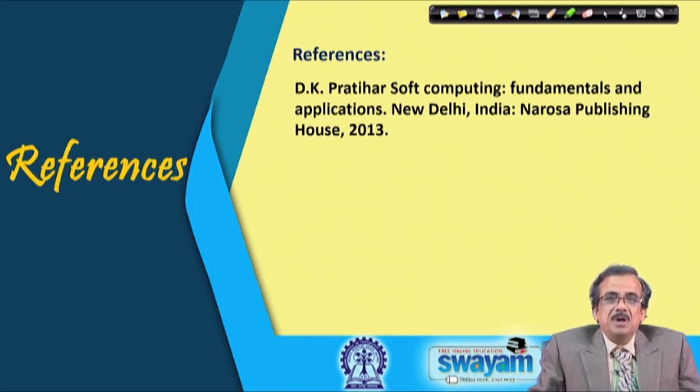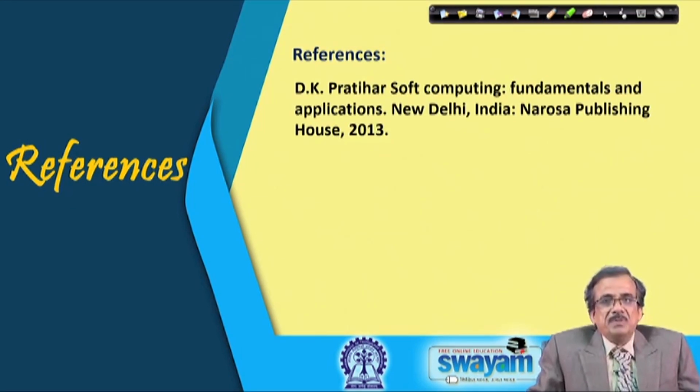Then we discussed a recurrent neural network, and after that we concentrated on the self organizing map, which works on unsupervised learning, and then the counter propagation neural network, that is CPNN, which uses the concept of both supervised as well as unsupervised learning.